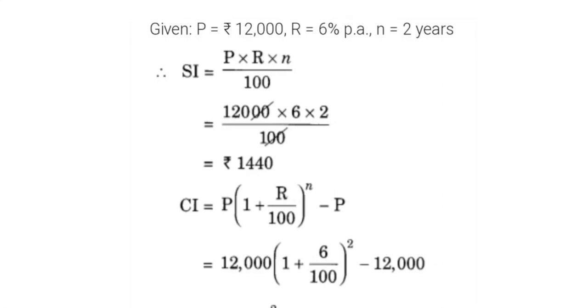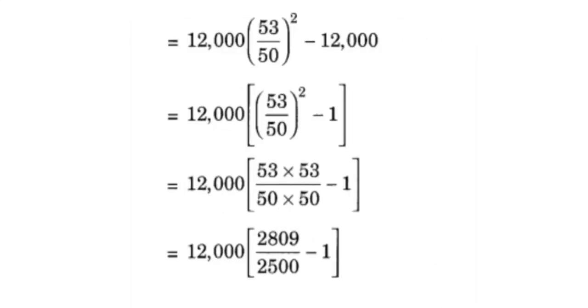Now let's simplify. So it will come 12,000 bracket 53 upon 50 and the power is 2 minus 12,000. So here 12,000 is common. In bracket what is left? 53 upon 50 square minus 1. So 53 square is 2809 and 50 square is 2500 and then minus 1.